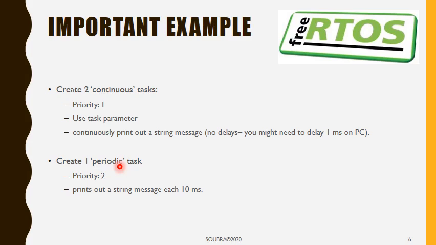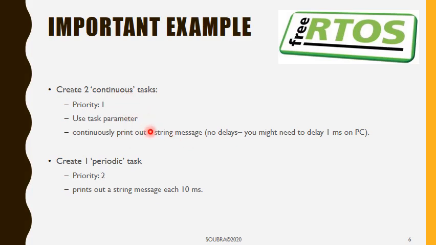Fair enough? Alright, so let's see the different characteristics or attributes. The two continuous ones have the same priority here. And we're going to use the task parameter, so apparently we're going to use the same continuous print out string message.